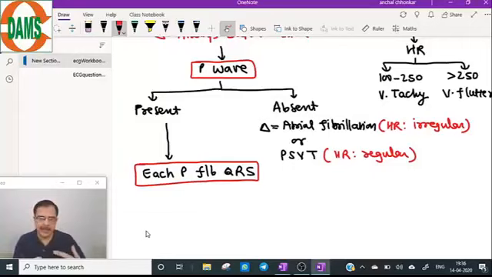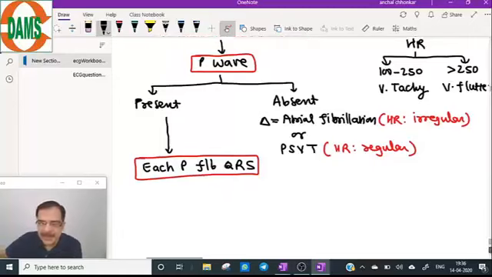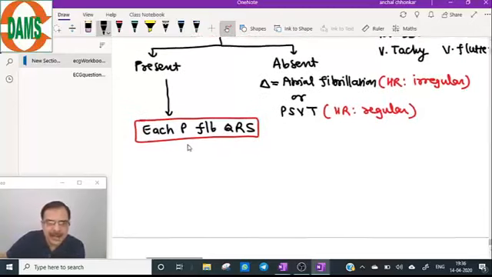Remember, the P wave can be normal or abnormal. So there will be 2 answers for this question. That is the last step in the diagnosis of tachyarrhythmia.